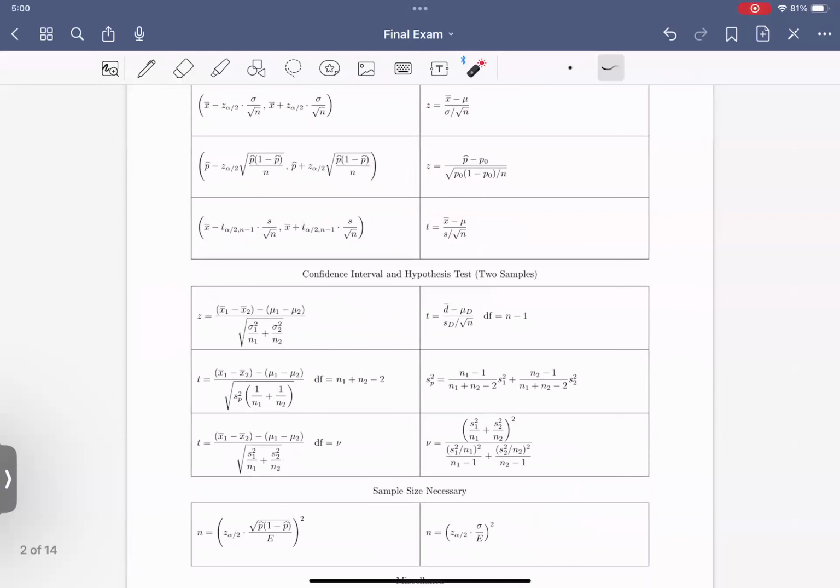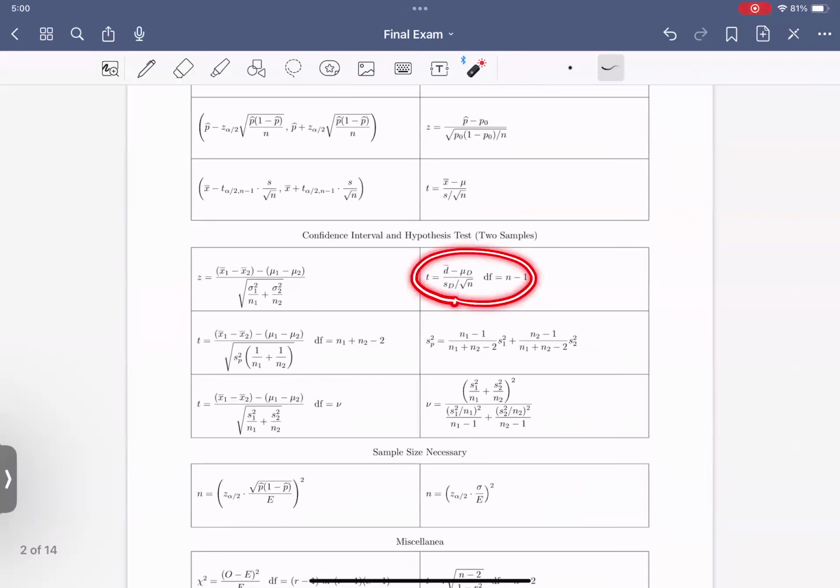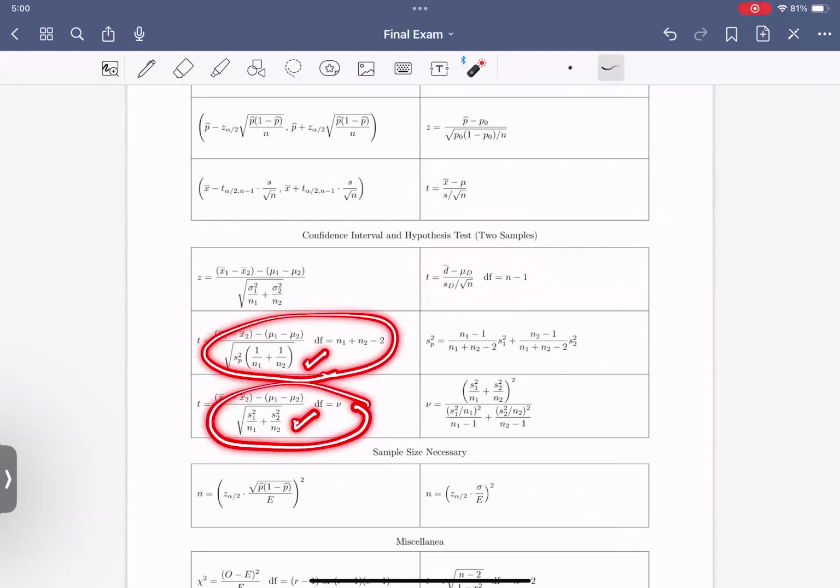And also for the two sample case, this is the formula that you get, the standard normal statistic. Then this is the paired t-test statistic, which we are going to ask you to do with the R program. And also with the small sample case, you have the pooled t-test and the Welch t-test here.